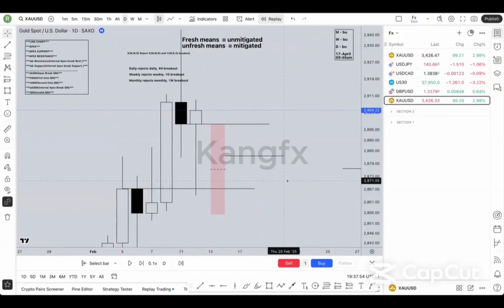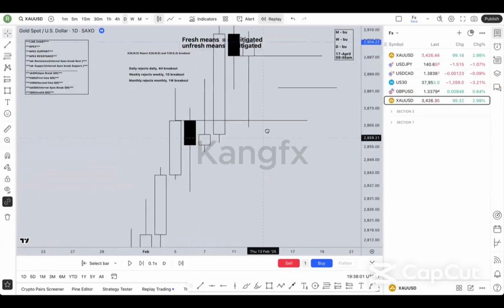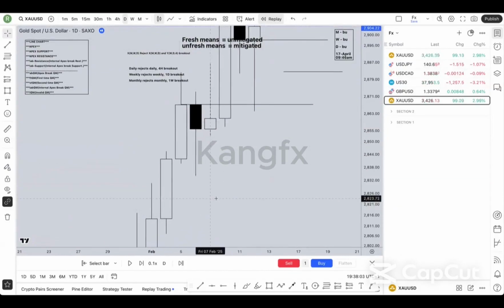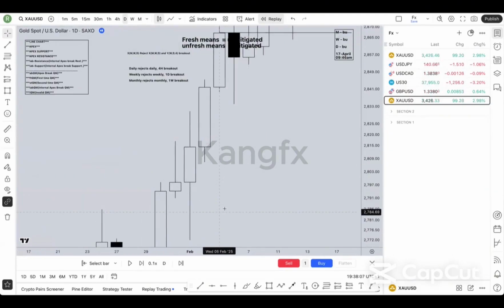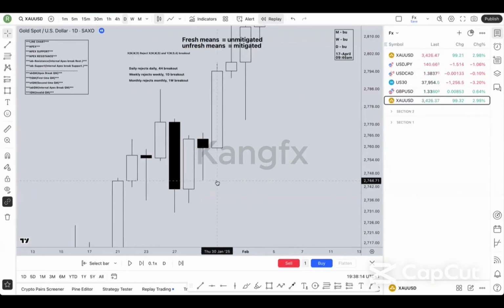You see that? So when a candle closes above or below a key level, it makes it fresh again. Remember, when a candle body closes above or below a key level, it makes the key level fresh again. So that is it on fresh and unfresh.